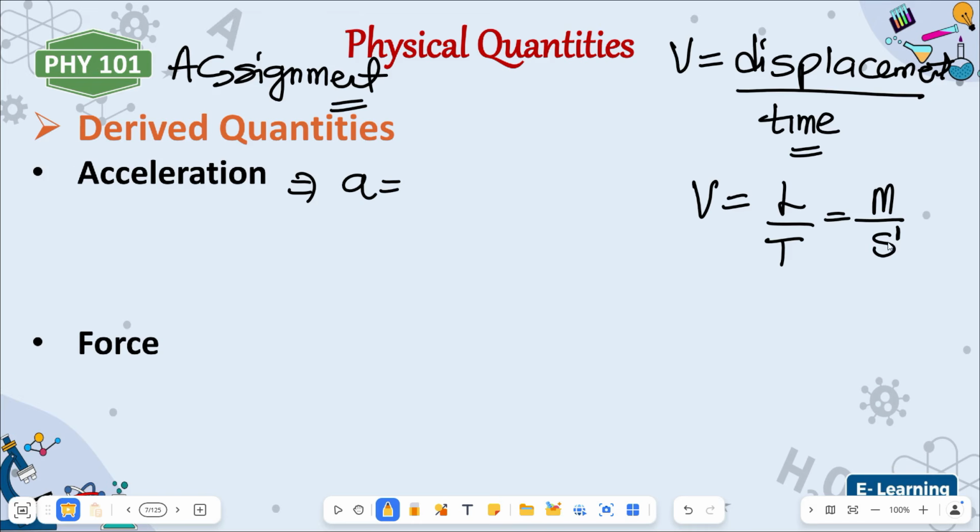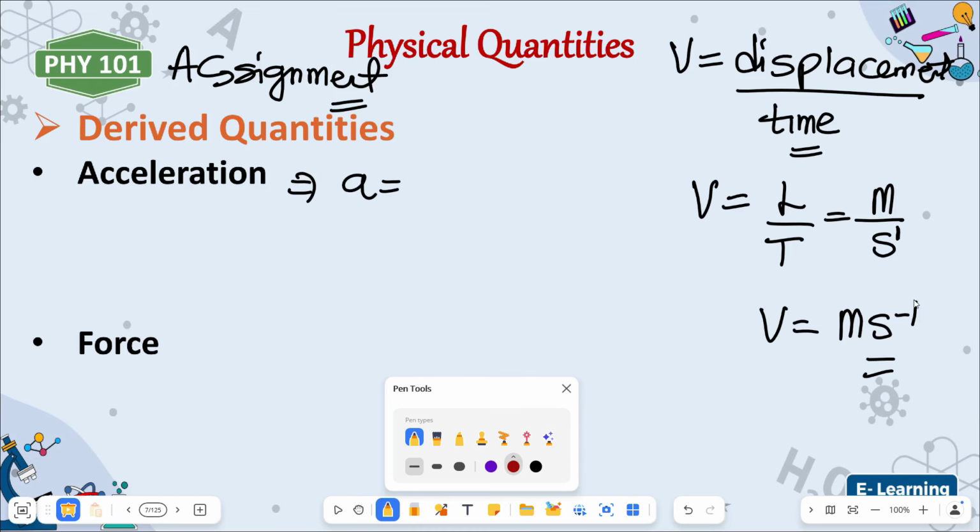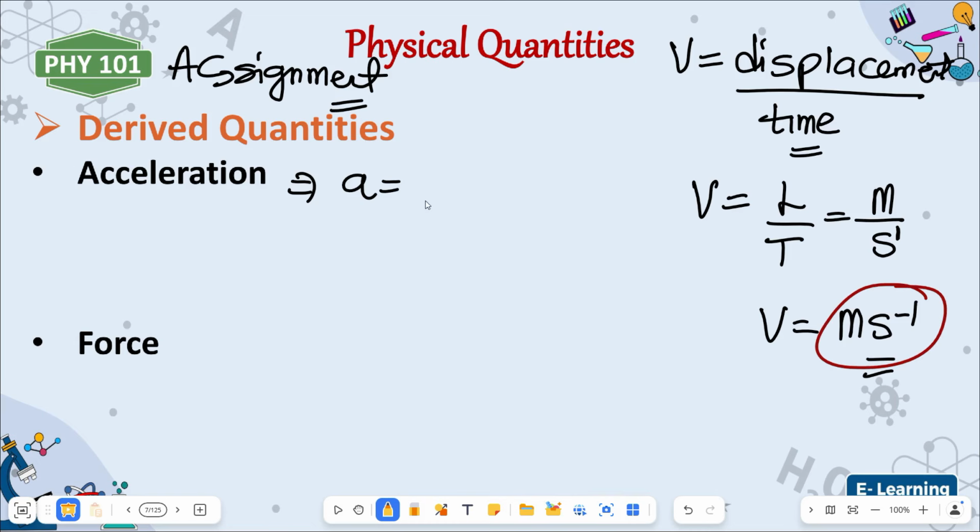Of course, I told you that this is raised to the power of 1. If it crosses up, velocity will be meter per second, which is the same thing as what we have done before. All right? So acceleration will be velocity over time.